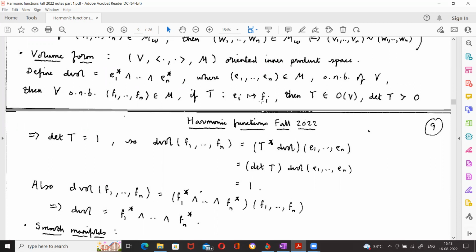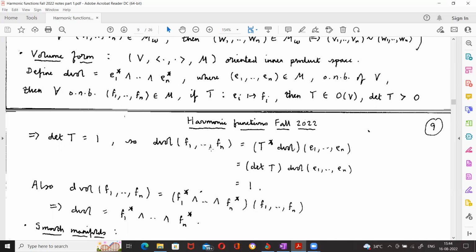Now, because the Ei's and the Fi's both are orthonormal bases, T is an orthogonal linear map, and because E1 to En and F1 to Fn both belong to the same equivalence class, the determinant of T is positive. So T is an orthogonal linear map with a positive determinant. Since it's orthogonal, determinant T is just plus or minus 1, but since the determinant is positive, it must be plus 1.